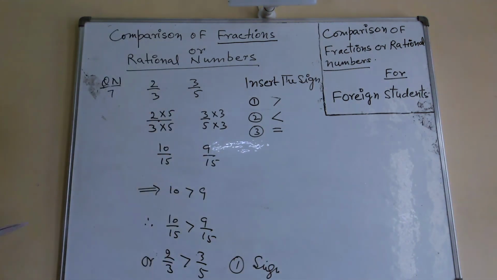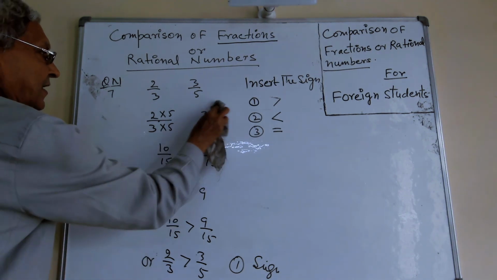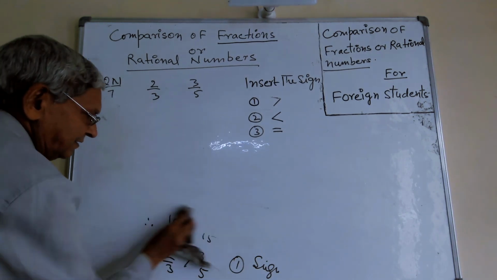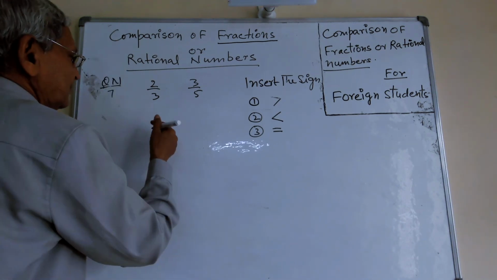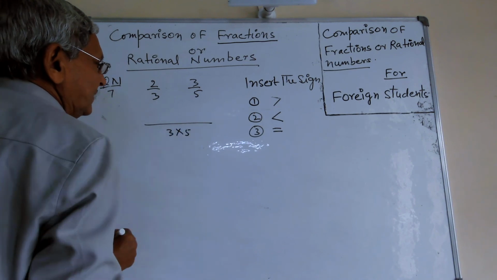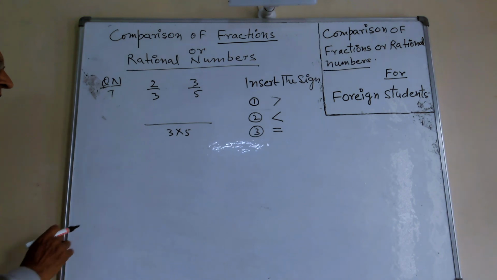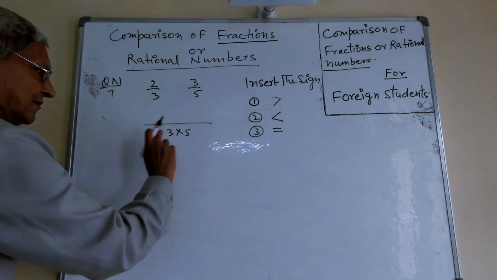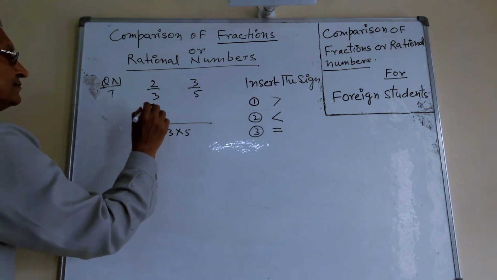Now my dear students, this is the second method, and by the first method, take the LCM of these two fractions, 3 into 5. Don't multiply the 3 into 5. It is also 15, but write it like this.